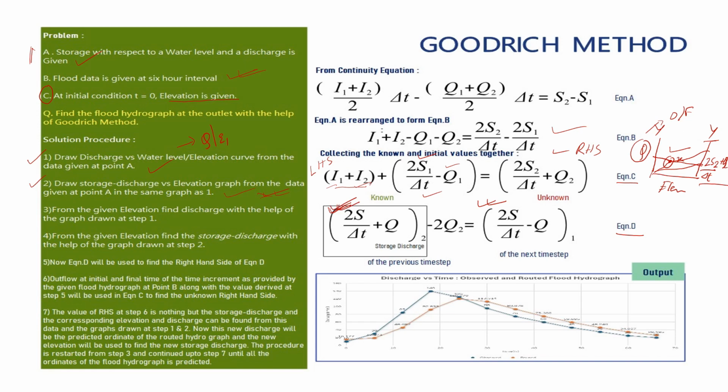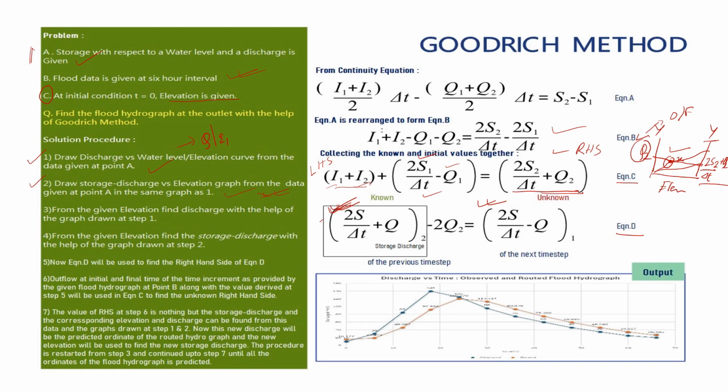Correct? So you know this value, and 2Q2, what? Q2 is the Q at that elevation point x. So suppose I draw a perpendicular from x to the y-axis which represents Q, then it gives us Q2, and another perpendicular to the y-axis which represents the RHS of equation C gives that RHS for the x elevation.